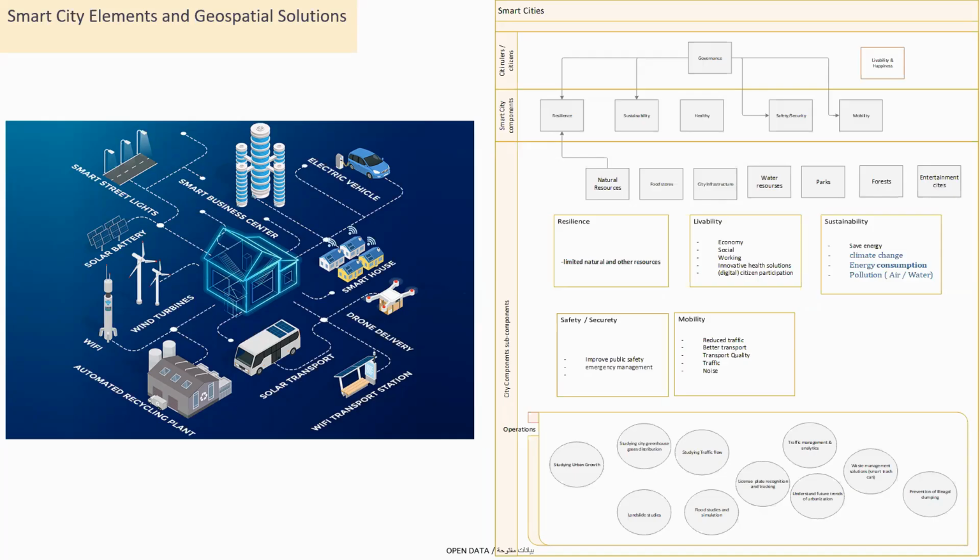As you can see on the left, these are some of the things we mentioned already that help the city become smart, things like electric vehicles, wind turbines, and solar batteries, etc. On the right side is a very important table, done using the study I mentioned, because there are a lot of operations in the city, for example, studying traffic flow, flood studies, etc. Then you will have the elements of the smart city: resilience, livability, sustainability, safety, and mobility, etc.